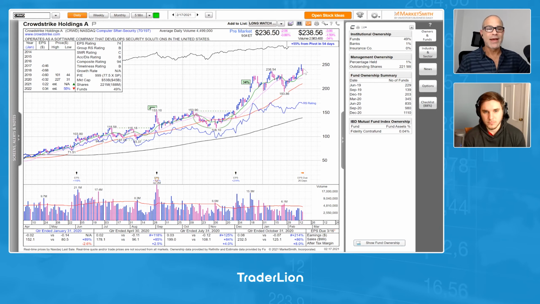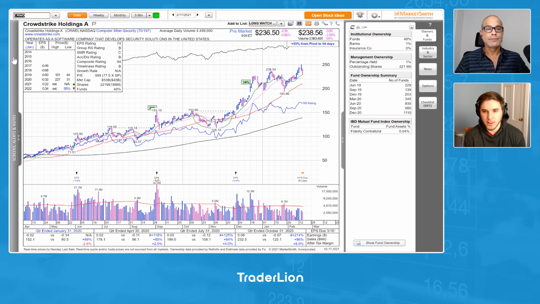How many shares do I have? I'm always trying to assess risk along the way, but so far so good. This thing has done nothing except exhibit health and strength over the last couple of days based on price and volume.